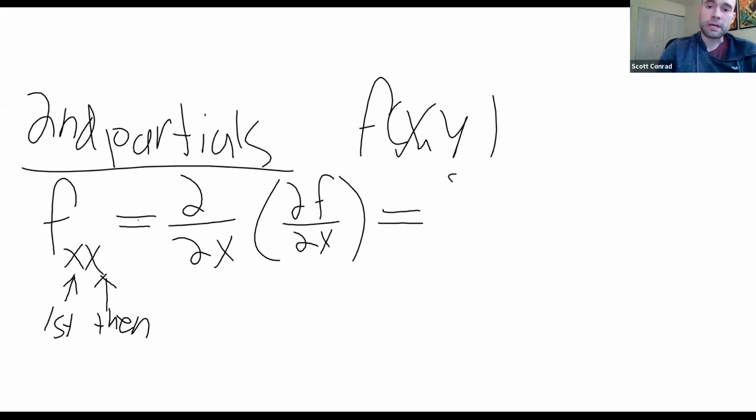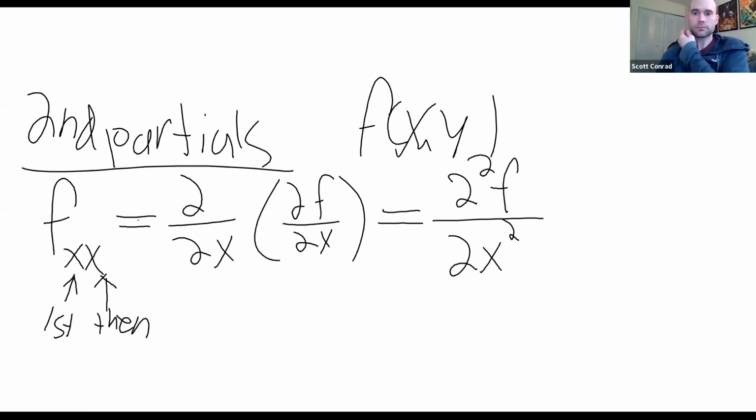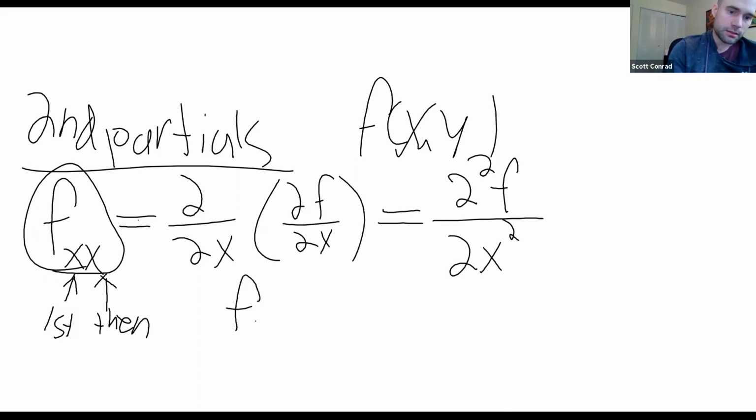And then we're taking the partial of that function, again, with respect to x. Another notation you might see is d squared f over dx squared. But this is the more common notation here, f sub xx. So then we have 4 different orders we can take partials. That's the first, f sub xx.